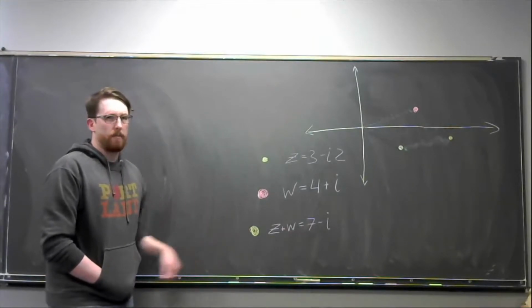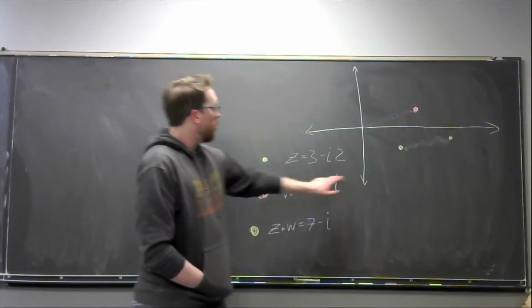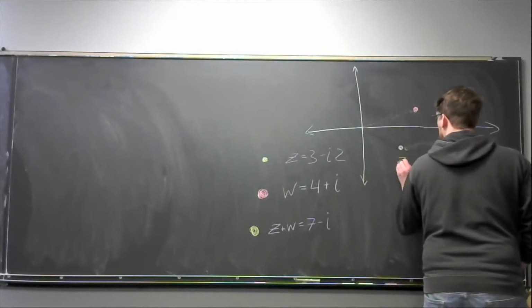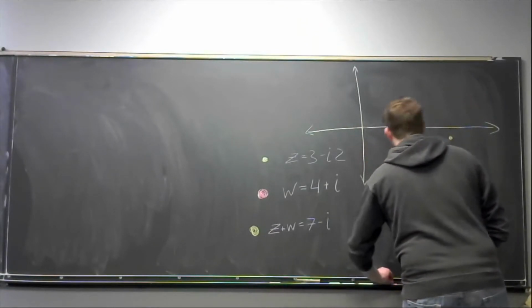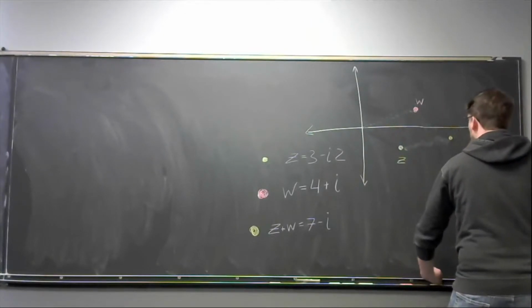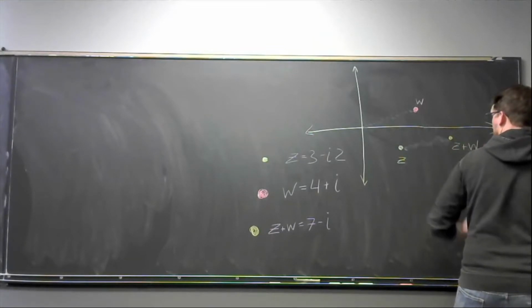I went ahead and plotted them up here. So we've got z right here, w right here, and we have z plus w right here.